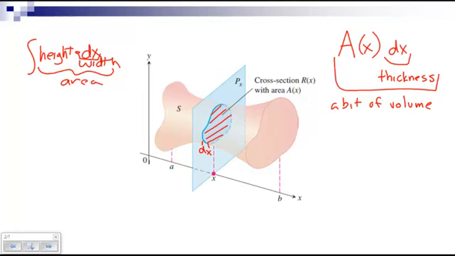But what if I wanted all the little bits of volume? I'd add them up. So, whereas we would take something that represents a little bit of area and add them up for the area between the curves, we are now going to take an expression that represents a little bit of volume, and then add up all those little bits of volume to find out what the total volume is.